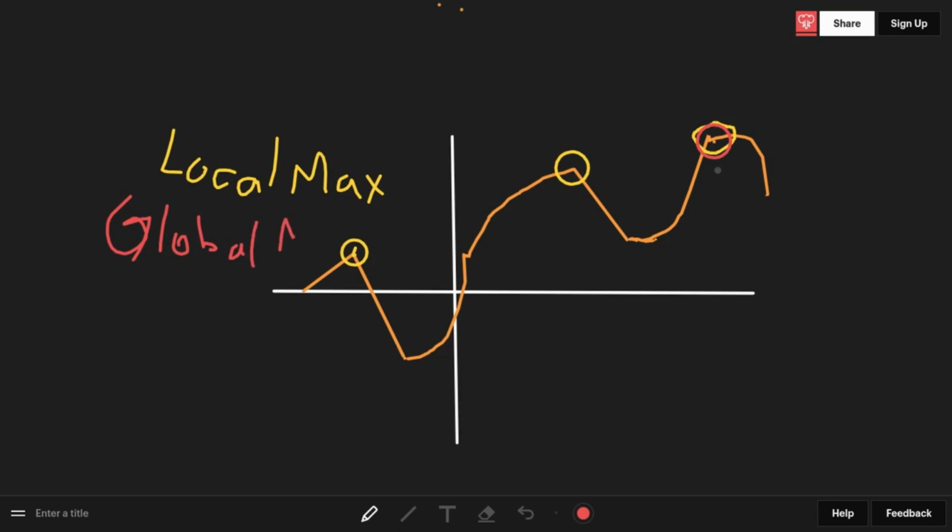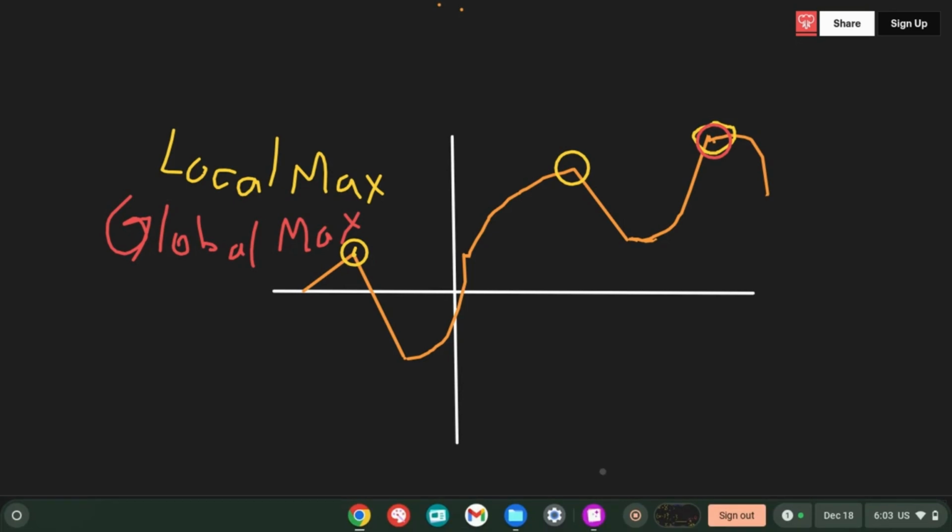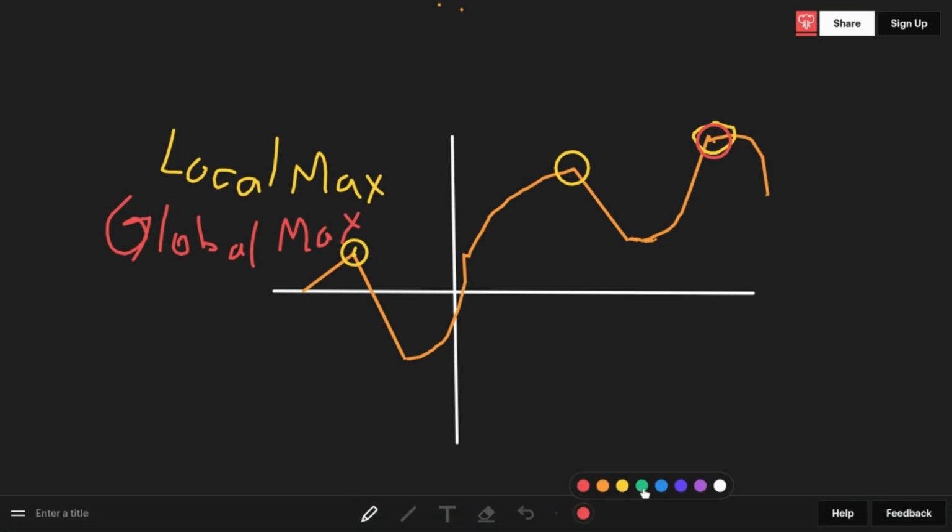Similarly, as we have local and global maximums, we also have minimums. So here's a local minimum, but this point also happens to be the global minimum, as there's no other point lower.